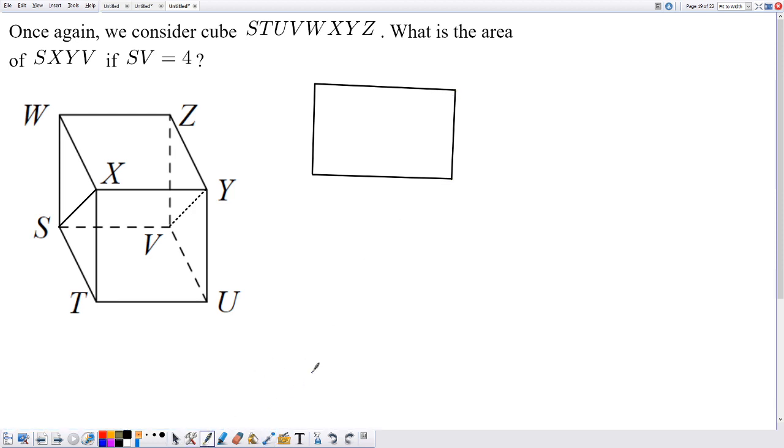And we can label it appropriately: SV, and then we would have Y, and then X. Now, SV and XY, we both know have to be 4, since those are the edges of the cube itself. And since all the edges of the cube are the same, they would have to be 4.